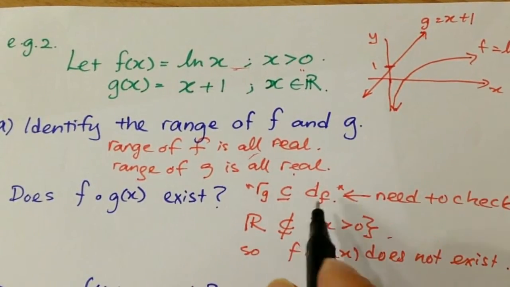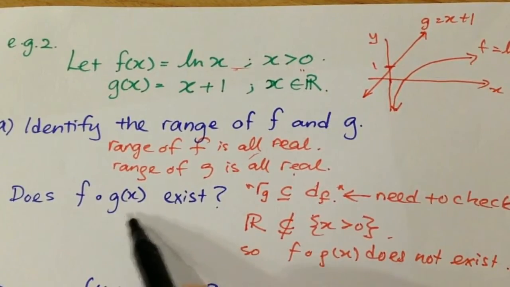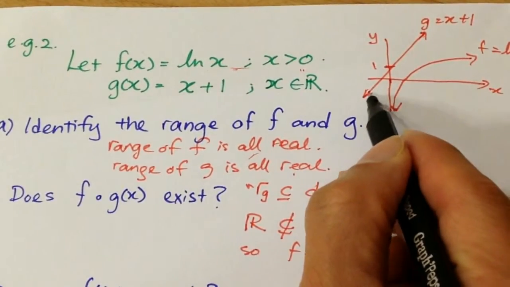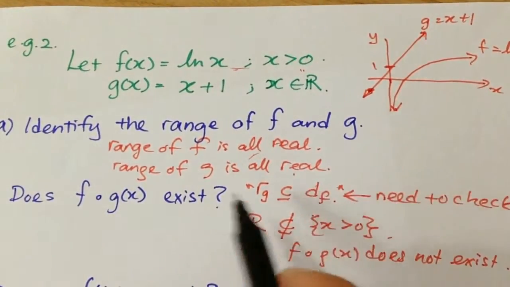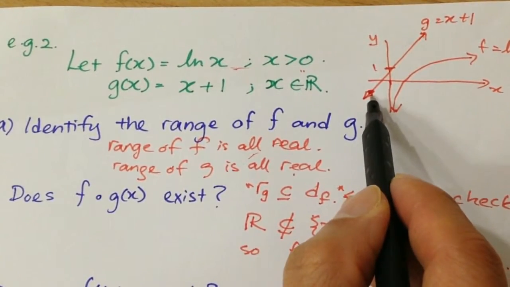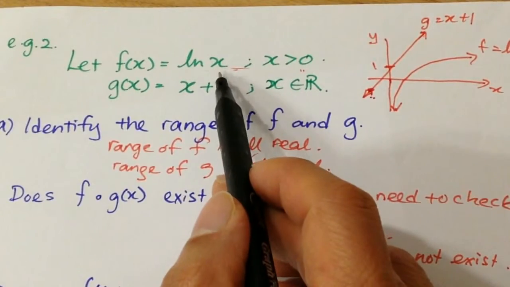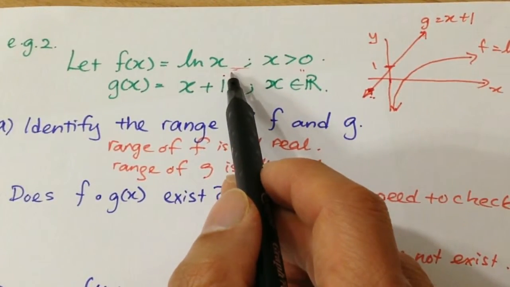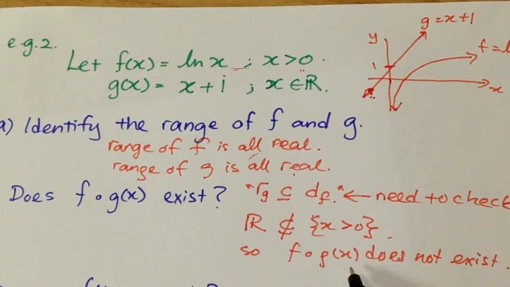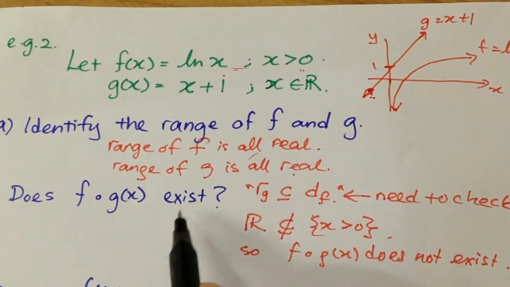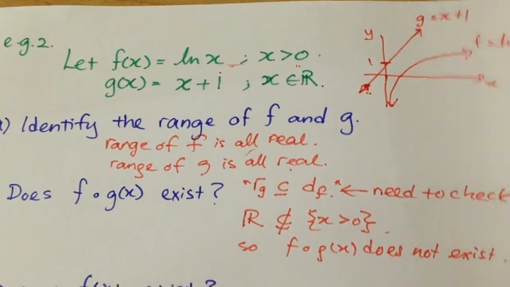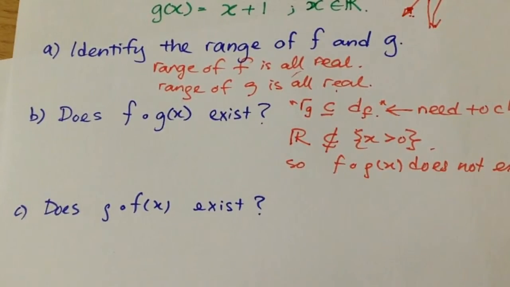For example, I can get an output from g of x which is a negative value, but a negative value cannot be put into natural log of x. You will not get a real number. So the composition does not exist. Next, does g of f exist?